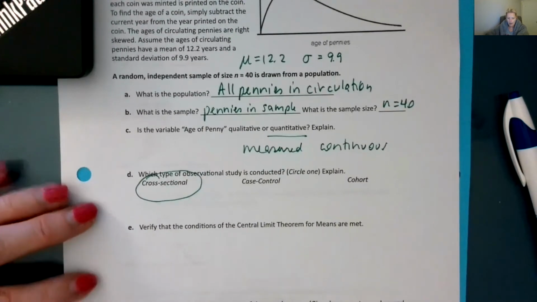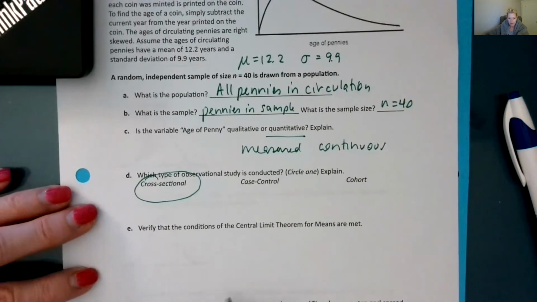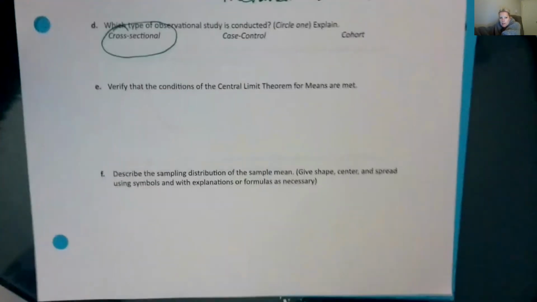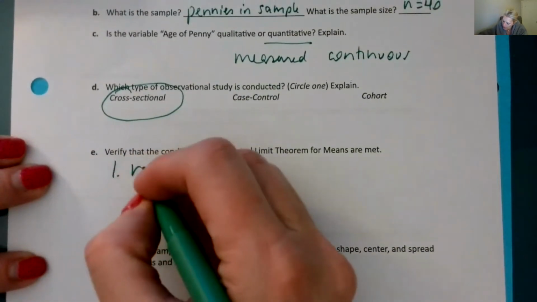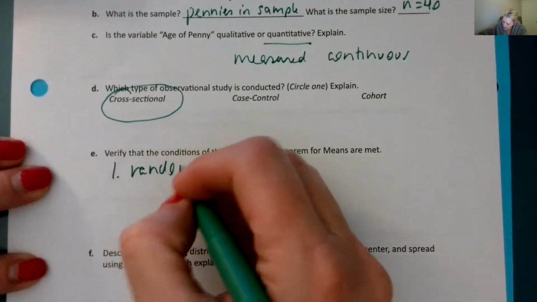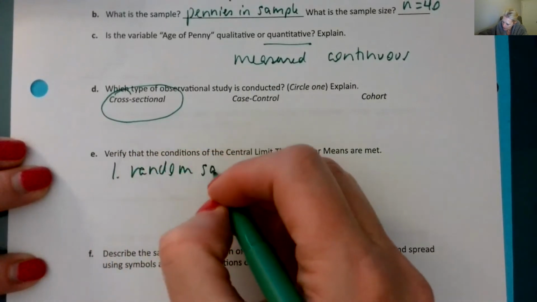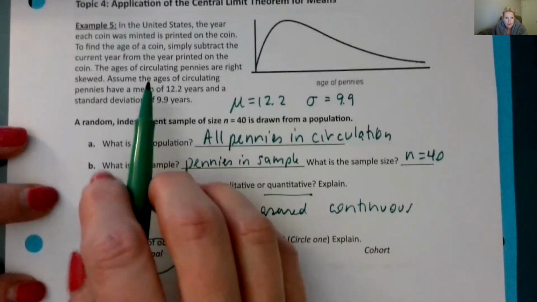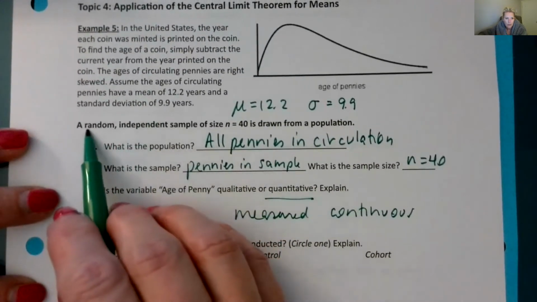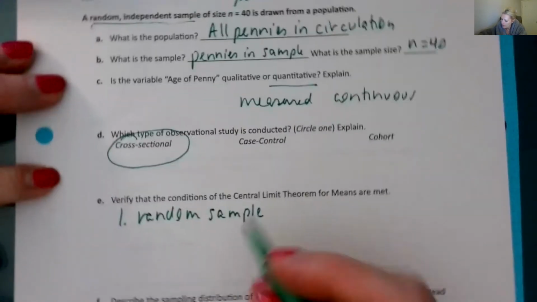Okay. Verify that the conditions of the central limit theorem are met. So the first one is, do we have a random sample? And they did tell us that they took a random independent sample.